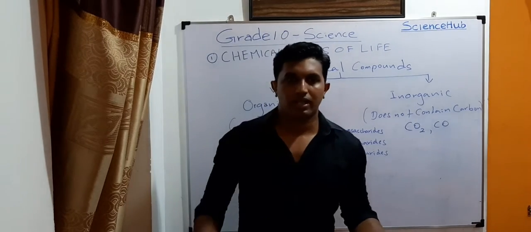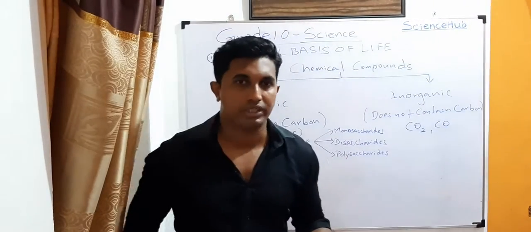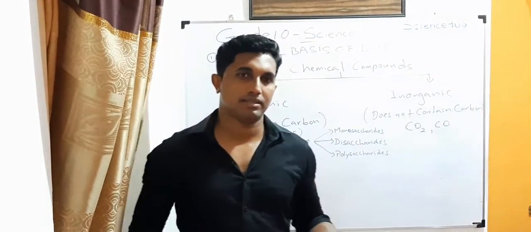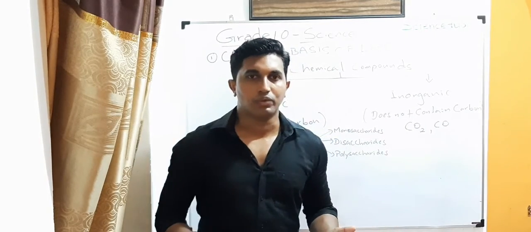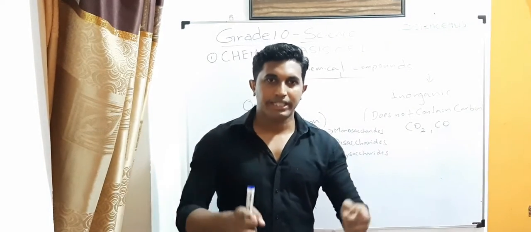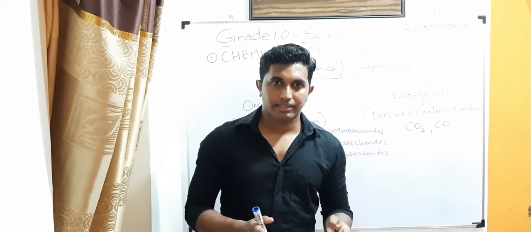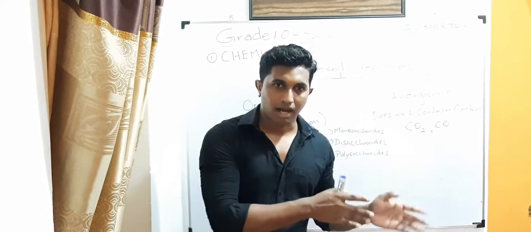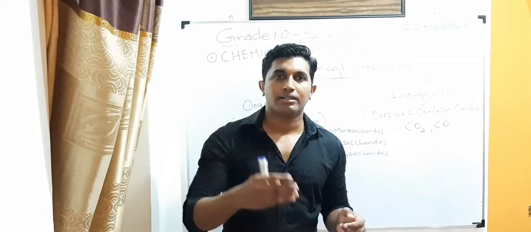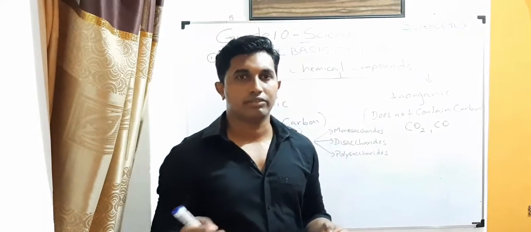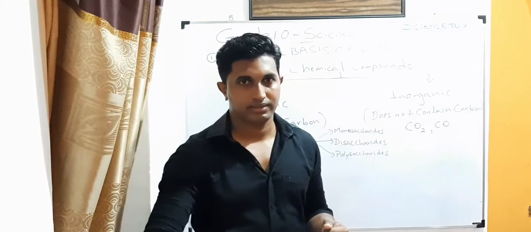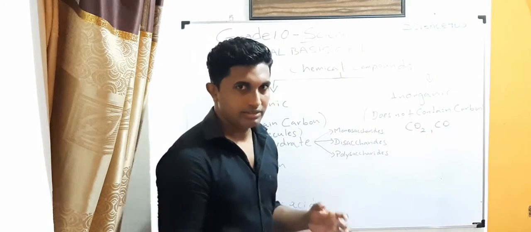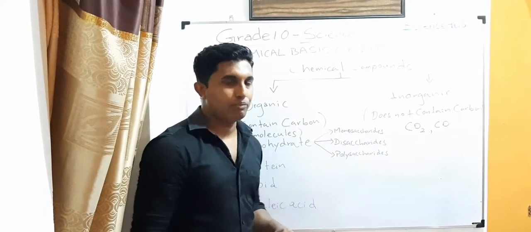If someone asks what a biomolecule is, a biomolecule is a molecule that contains carbon and helps to develop or produce any living matter. That is the simplest definition of biomolecules.